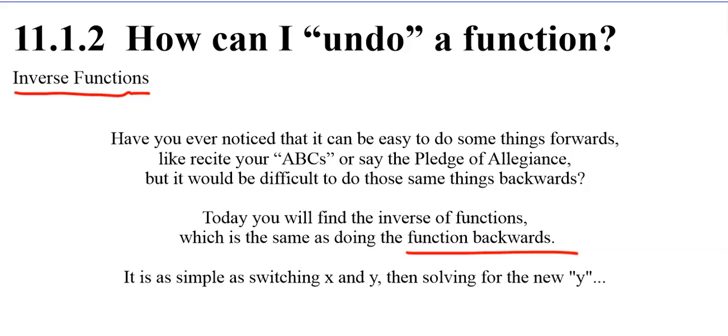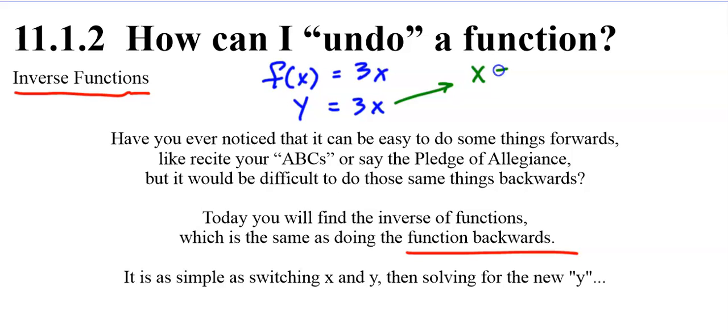But anyway, if the original function is f of x, which is the same thing as y, is equal to, let's say, 3x, and therefore y would be equal to 3x, all we're doing is taking this and working it backwards. The way that you do that is you just take your x's and y's and switch them.